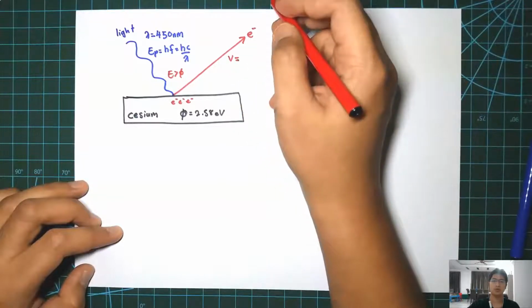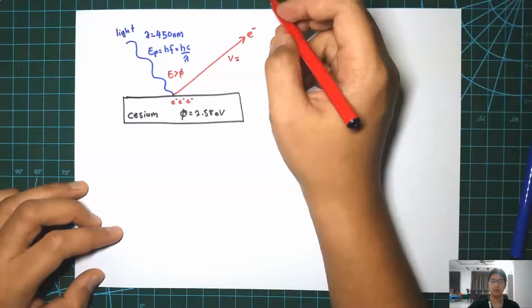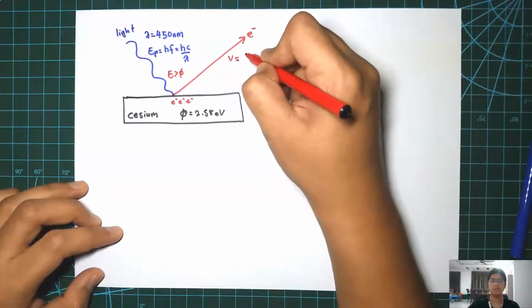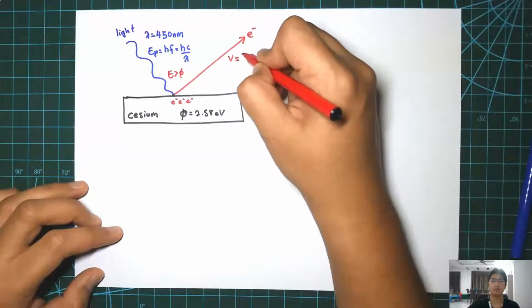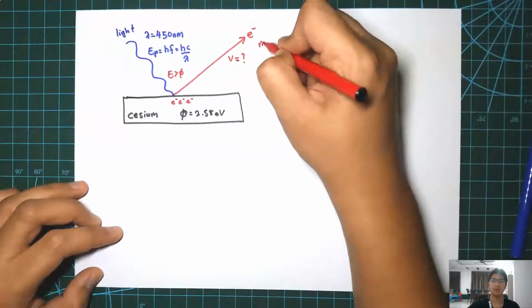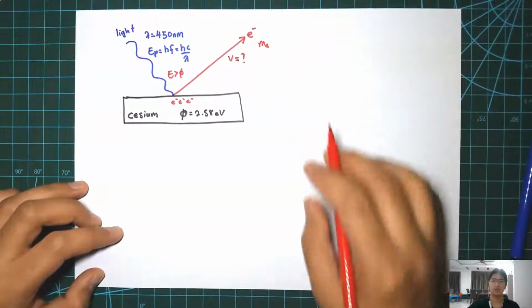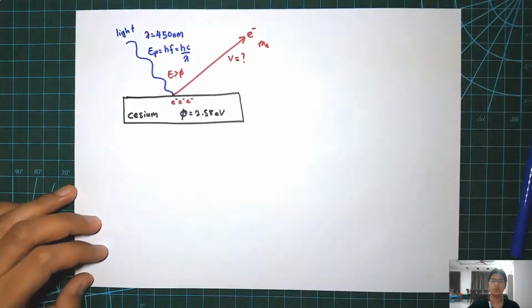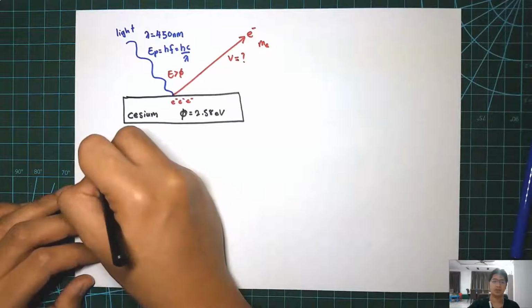We are going to find the speed of the ejected electrons later. The electron also has a mass, because the electron is a particle.